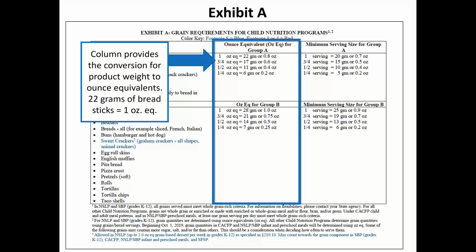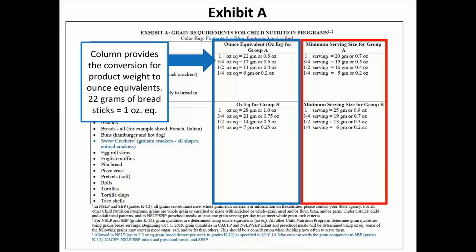Similarly, if you look down below at Group B, and look at the ounce equivalent column, you'll see that all of the items from Group B can have 1 ounce equivalent serving size for every 28 grams weight or 1 ounce of weight.